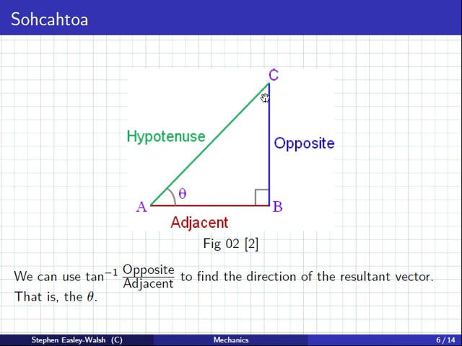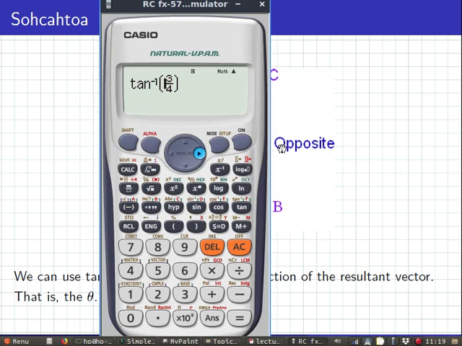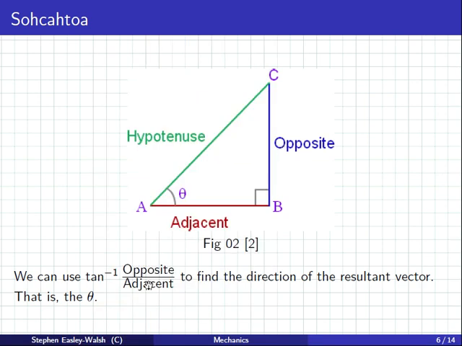But if you want this angle up here, what would you type in? 3 over 5, if you're using tan. Oh, tan is opposite over adjacent. So it'd be 4 over 3. Which is what I have in the question. Okay, so you want to make note of this useful formula.